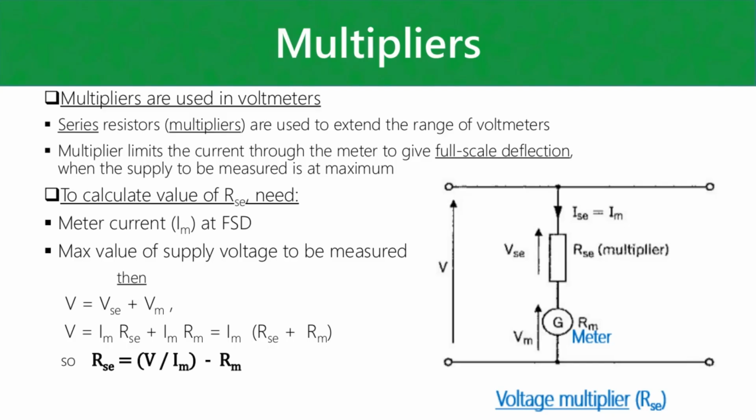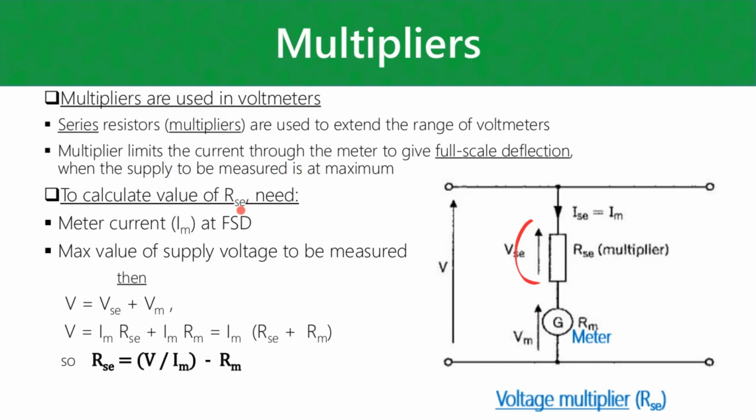So you're going to have the bulk of the voltage sitting across the resistor here, and this resistor is going to limit the current through the meter when the supply voltage is going to cause full-scale deflection through the meter. Or rather, when the supply voltage measured is a maximum.